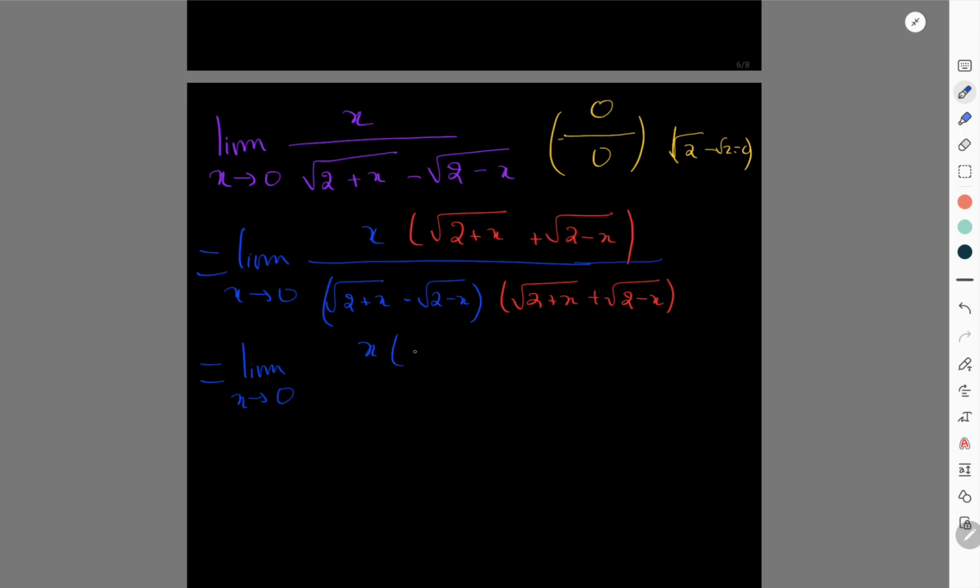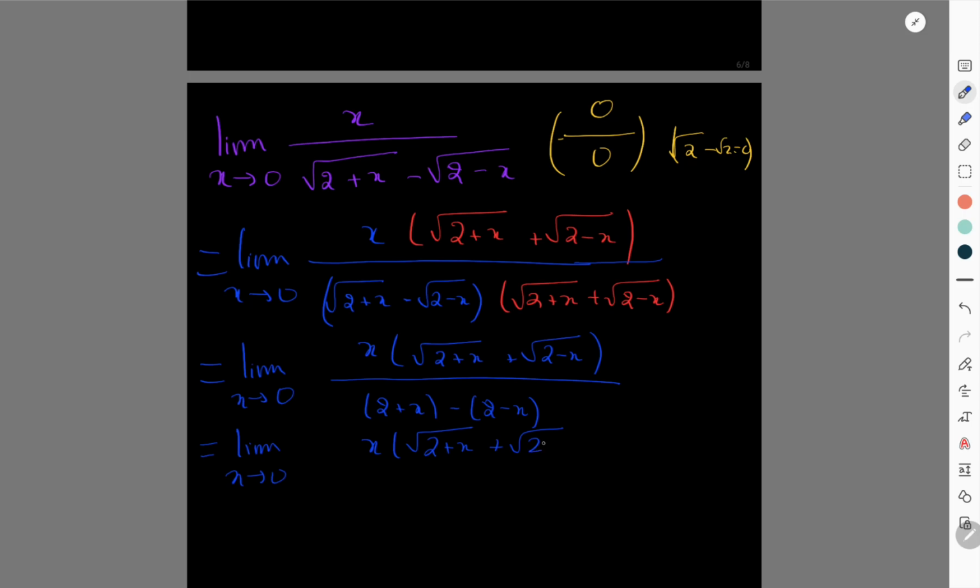Now then, let me do this. So I get 2 plus x minus 2 minus x. So what do I get? I get the limit as x approaches 0 of x times (square root of 2 plus x plus square root of 2 minus x) over 2x.